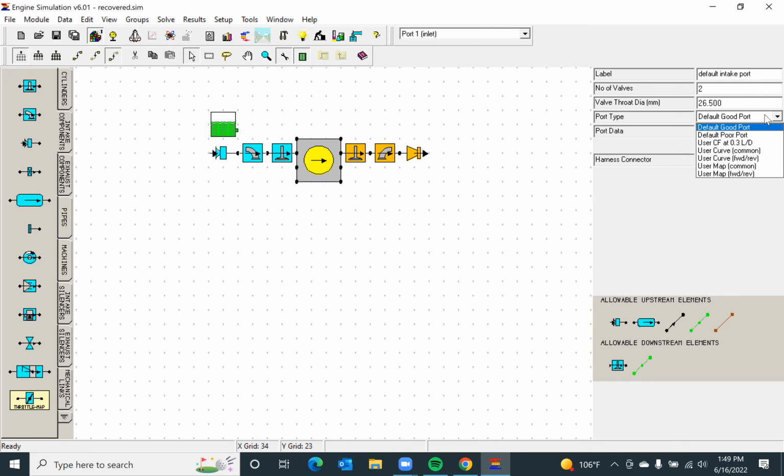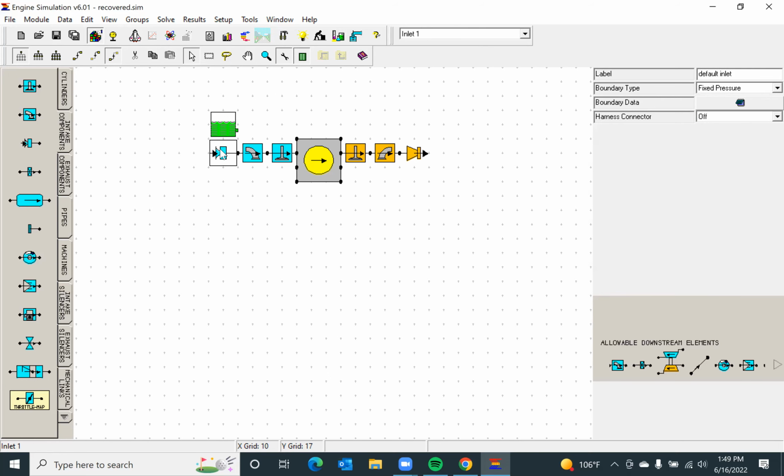Then after some time, the valves get coated with carbon, so basically the valve's properties change. So you can decide whether your valve is a good valve or a poor valve, and that will affect the performance of the engine. I'm just going to say good valve.